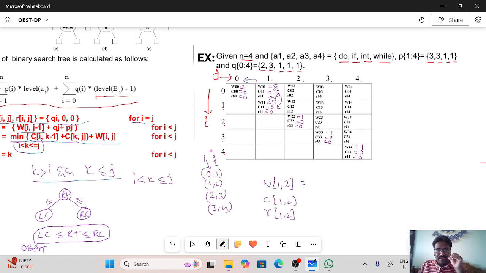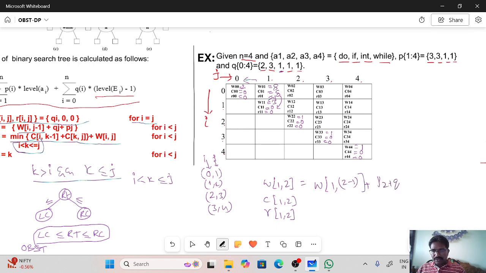What is the earlier weight? 3. So 3 plus what is our J value? 2. Pj, Qj. What is the Pj value? 3. What is the Qj value? 1. So 3 plus 1, 4. So simply I am going to write weight of 1 comma 2 minus 1 plus Pj plus Qj. So J is nothing but 2.